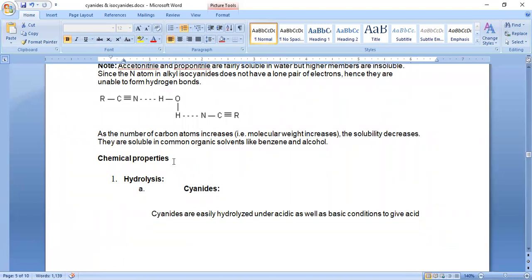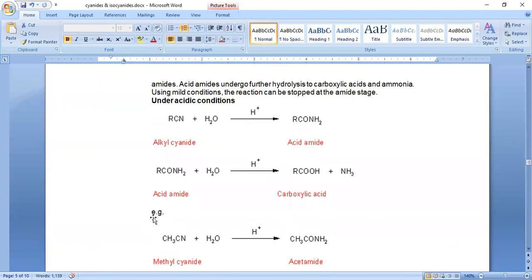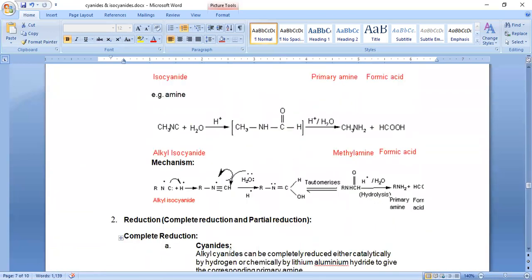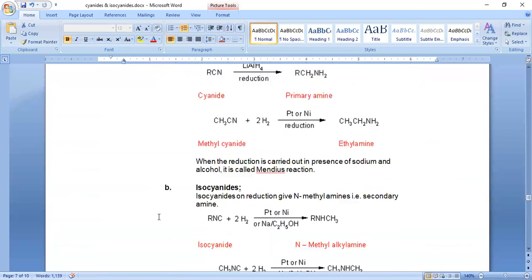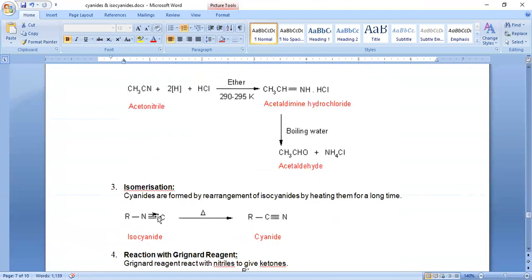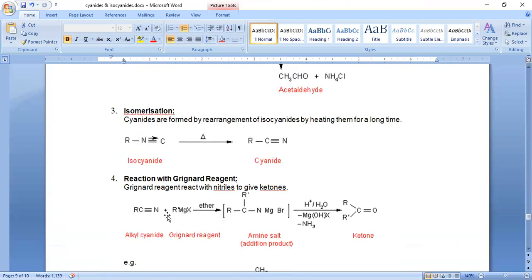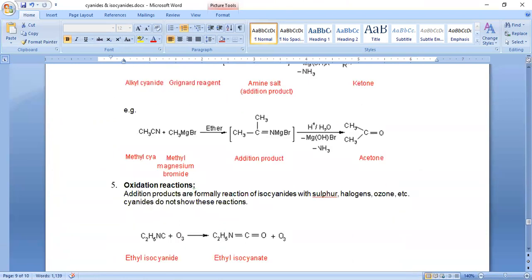Next, let's see some chemical properties. In these chemical properties, we discuss a few reactions.